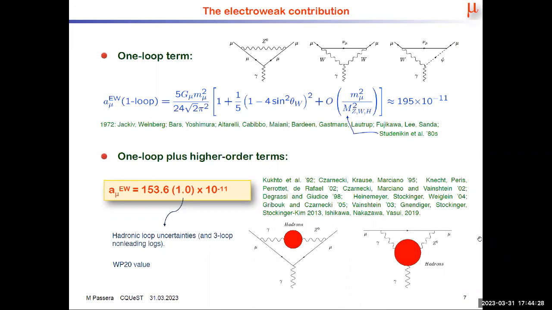The weak contribution is 150 times 10 to the minus 11, and we are talking about the variation induced by the neutrino mixing to this contribution. So I would say totally negligible, but I never thought of a number. It's a good point. I can think about it.